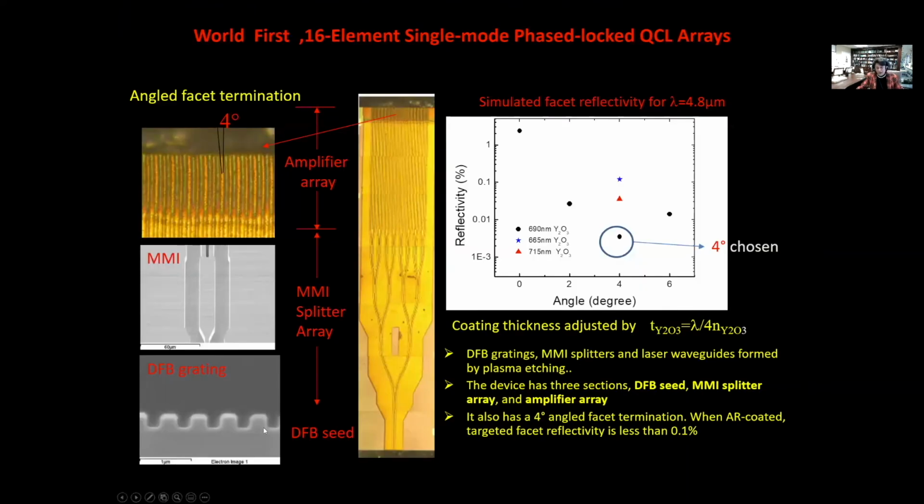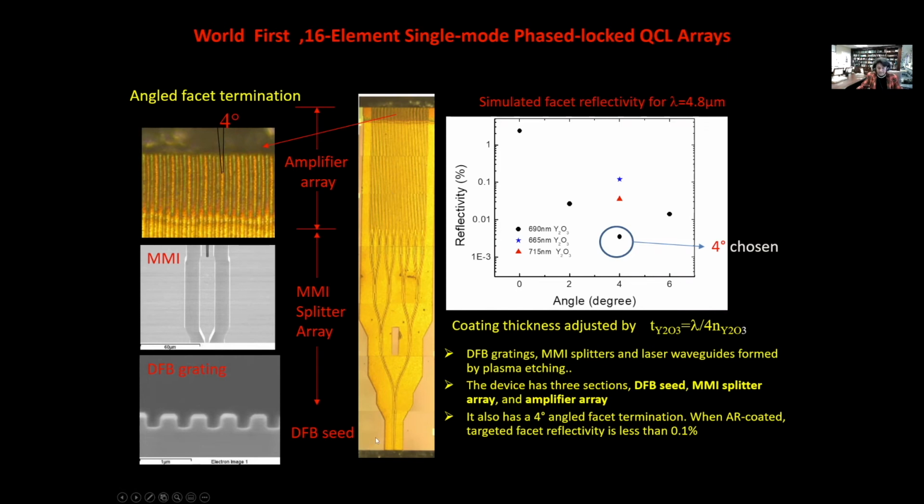So here you have the world first 16 element single mode phase locked QCL arrays. We have the DFB grating, we have the MMI splitter, and we have the laser waveguide. All of that is formed by plasma etching. The device has 3 sections.